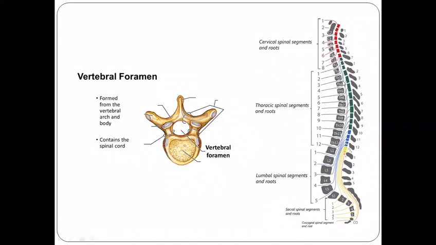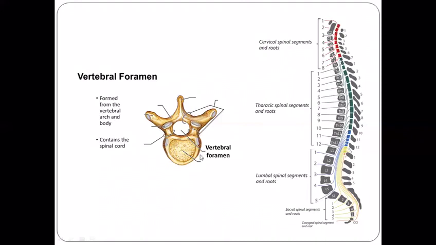So when the vertebrae lie one over the other, the vertebral foramina form the vertebral canal. Up to the L1 level, it lodges the spinal cord, and below the L1 level, it lodges the spinal nerves, which is roomy and resembles a horse's tail, and that structure is known as the cauda equina.